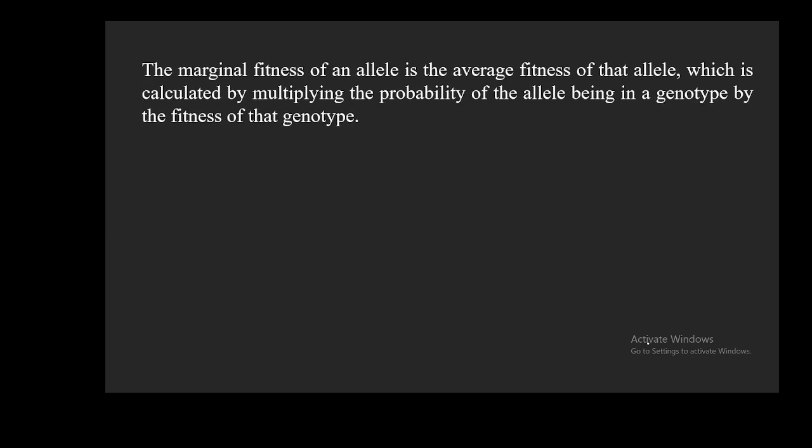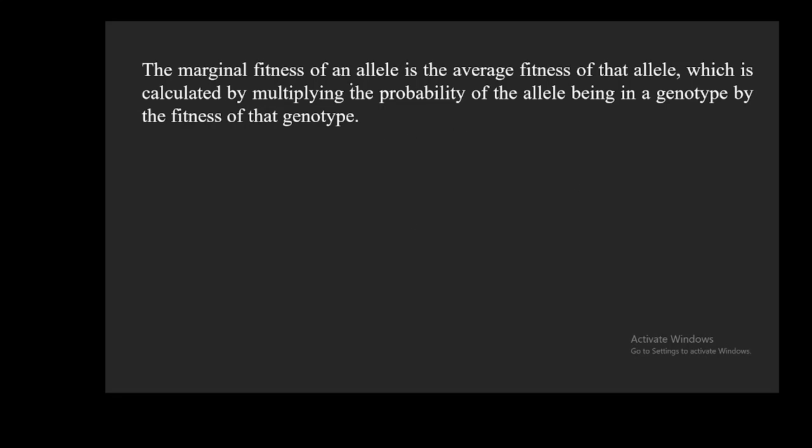And the last thing is the marginal fitness. We have read about absolute fitness, where the fitness of one genotype is independent of another genotype. Relative fitness is when we are measuring the fitness of a particular genotype in comparison to another genotype.